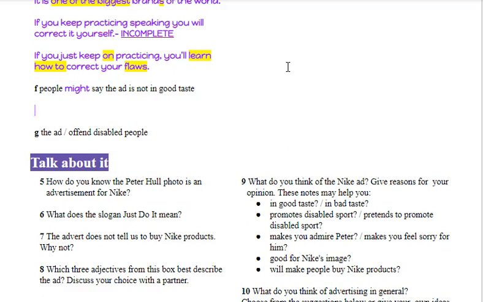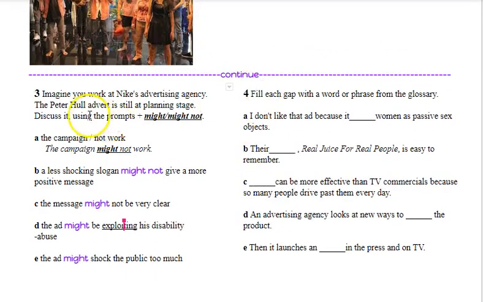People might say the ad is not in good taste. Again, the good taste is not in their favorite. Or what is the good taste?